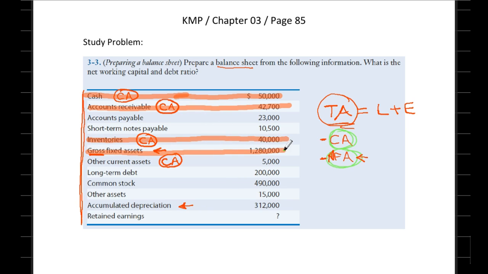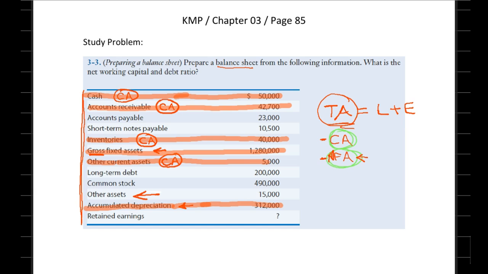Gross fixed assets have been used. Other current assets has also been used, as well as accumulated depreciation. Now we just realize that there is an other asset item, which is other assets that needs to go into the assets as well. So let me make sure I don't forget to add that up as well.